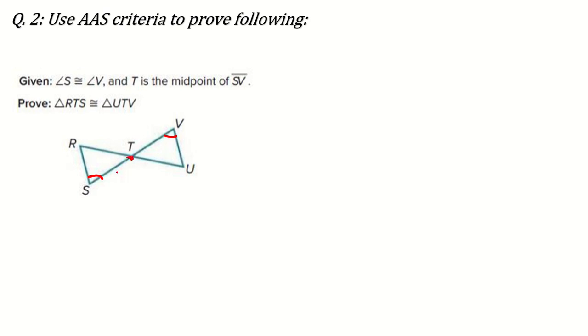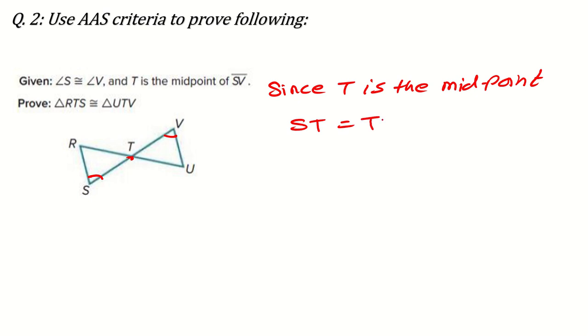See, T is the midpoint, so what you will write here: since T is the midpoint, we can say ST is equal to TV. T is the midpoint of SV, it is important to mention here, SV. So ST will be equal to TV. So from this we got one condition, that these two sides are equal.